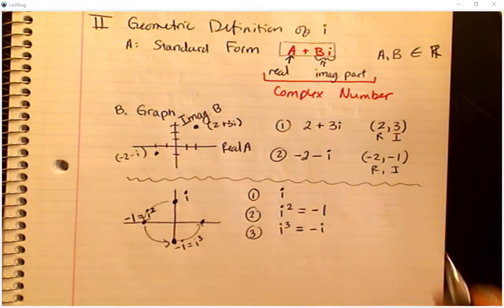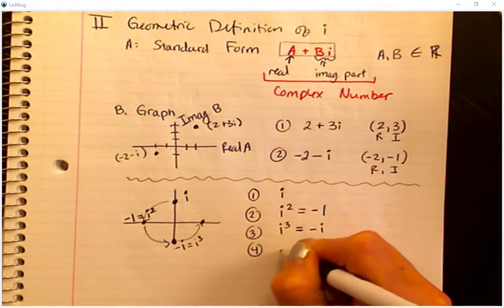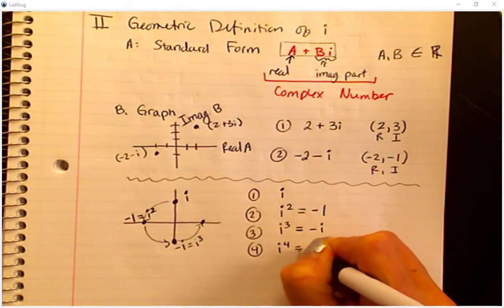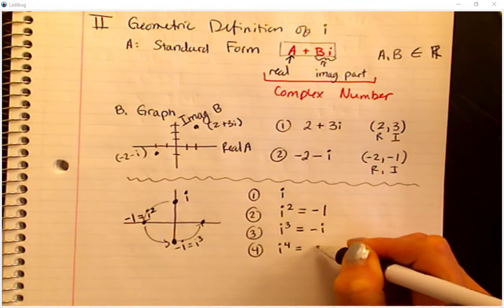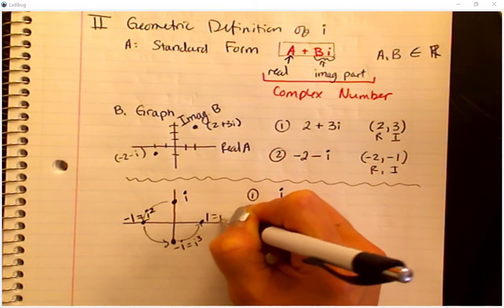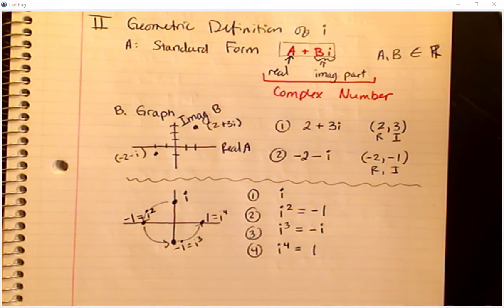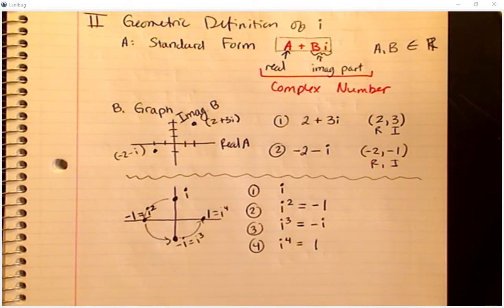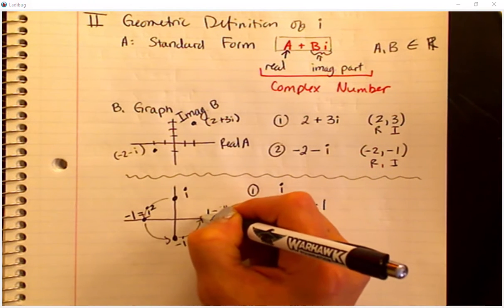What goes here? Positive 1. Sometimes this is called an i clock because you're rotating like a clock. I can keep going.